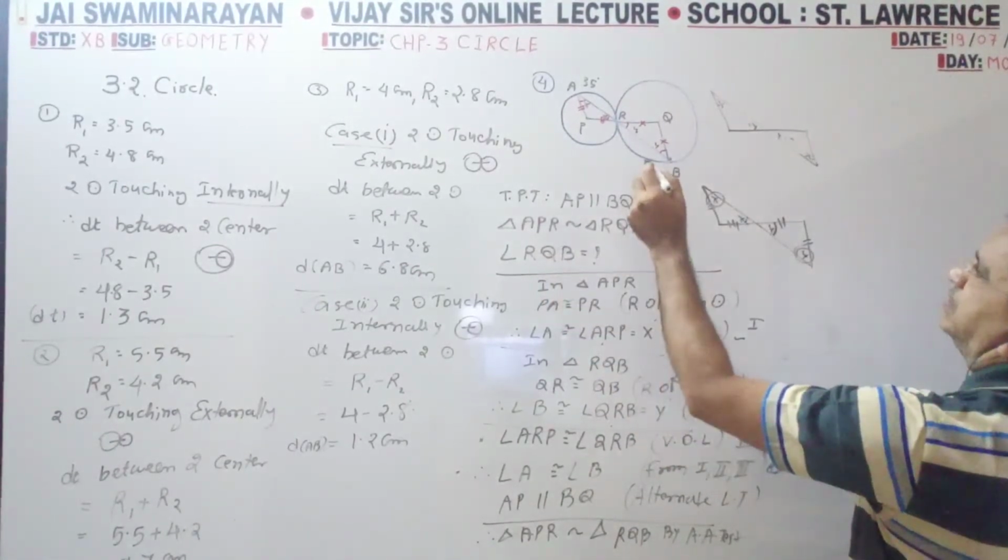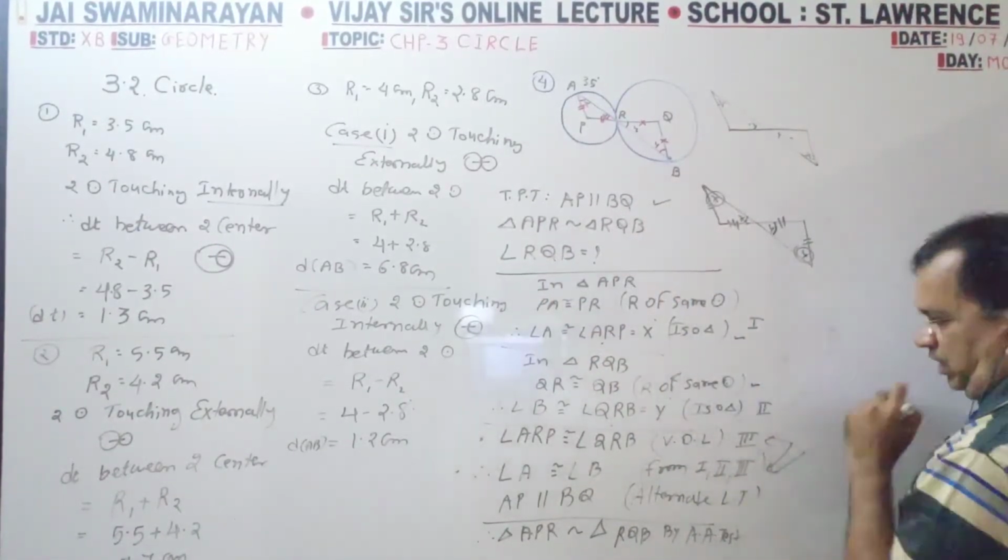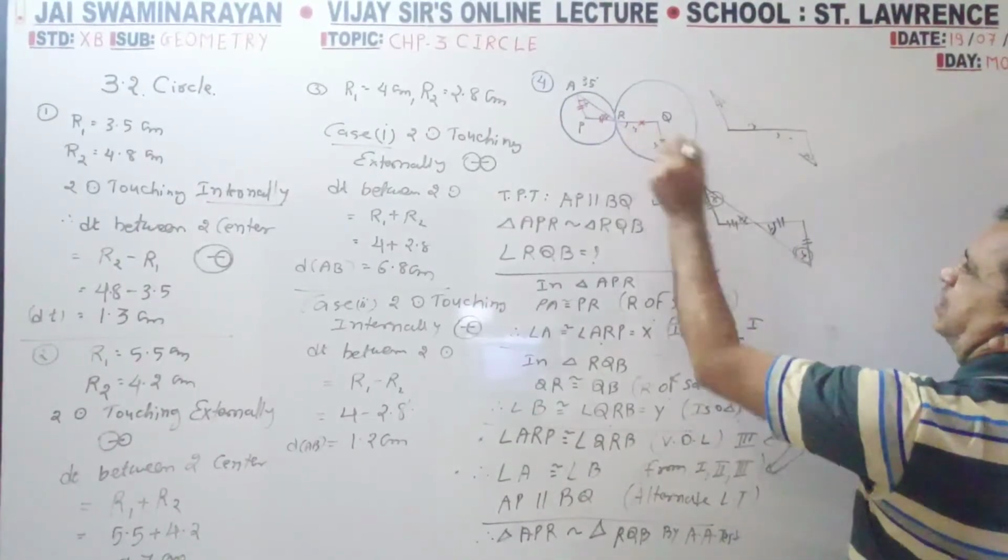Now in triangle RQB, these and these are 35.